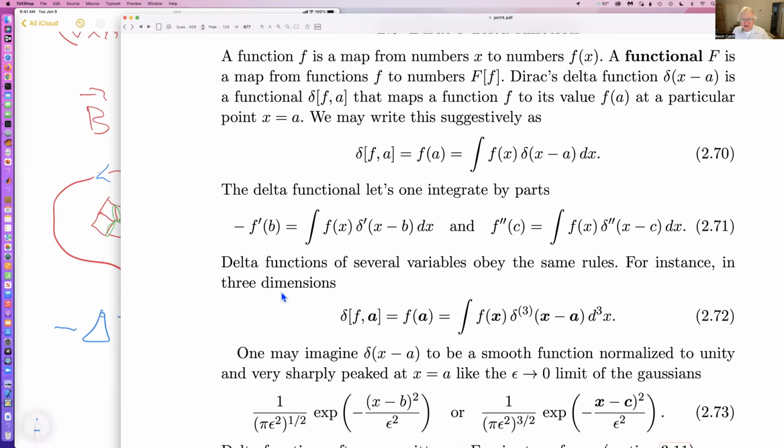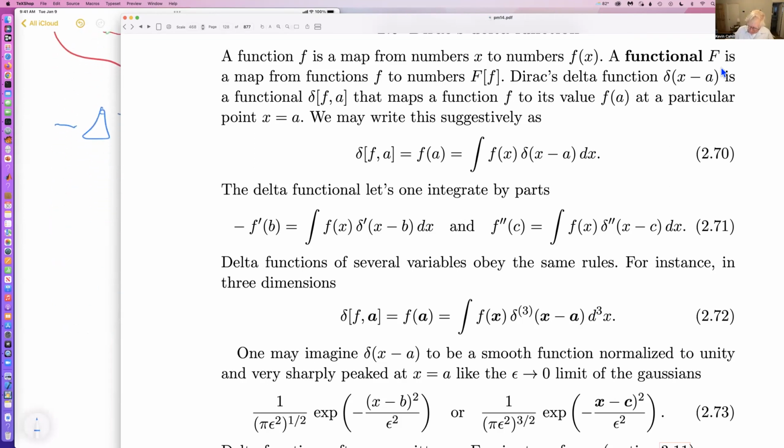Now here's Dirac's delta function again. As I said, it's a function, or mathematically it's a functional, which is to say, a function is a map from numbers to other numbers. Or as we often say, x to f of x equal to y.